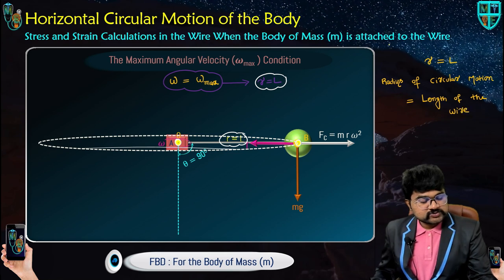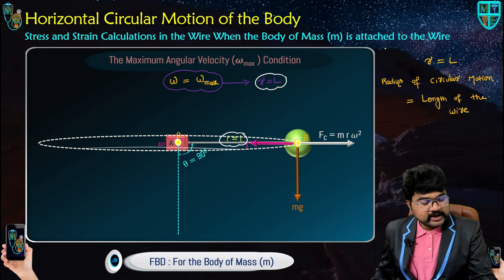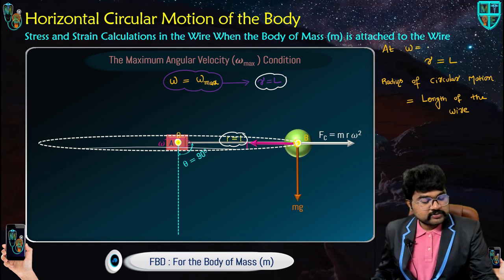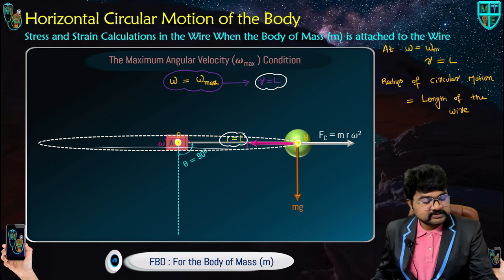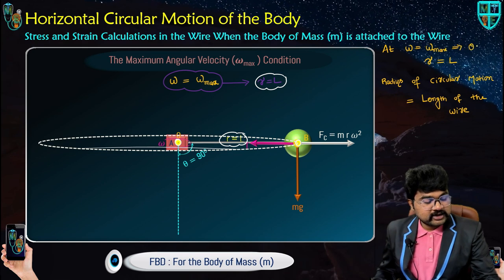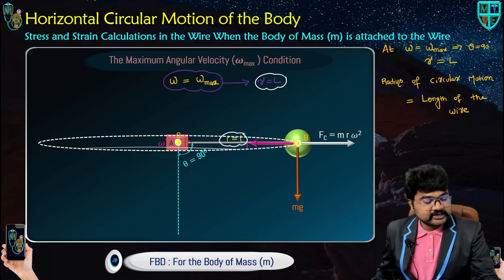Here omega equal to omega maximum, that is obtained at theta equal to 90 degrees.